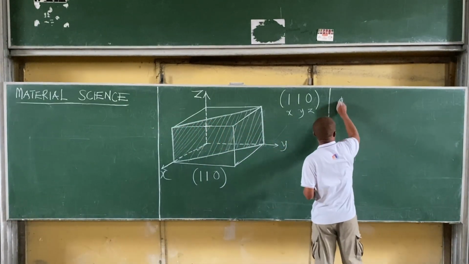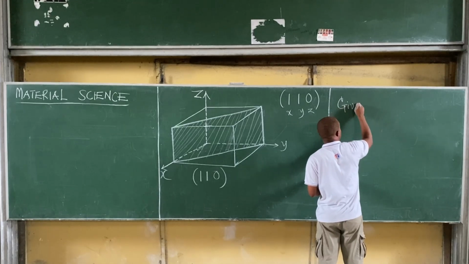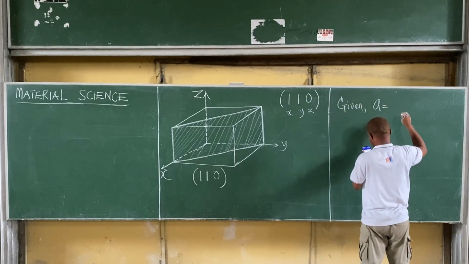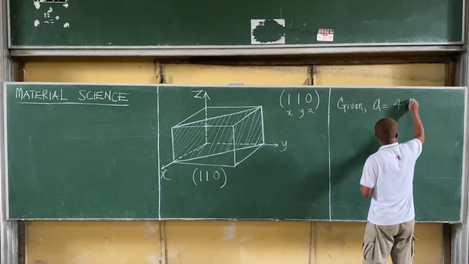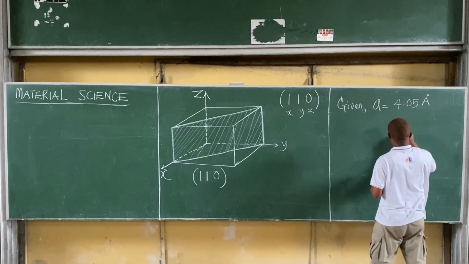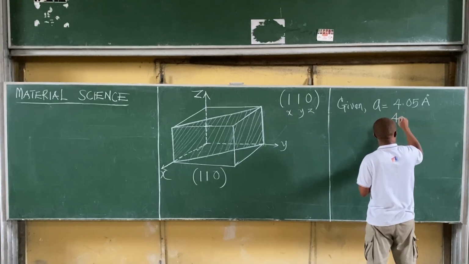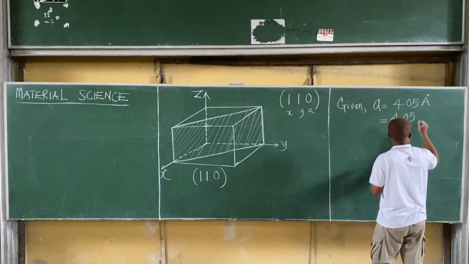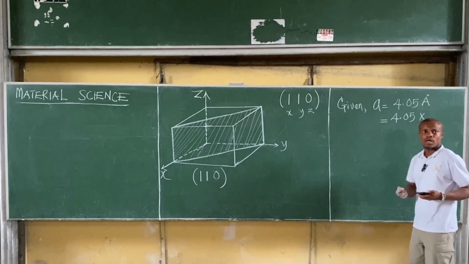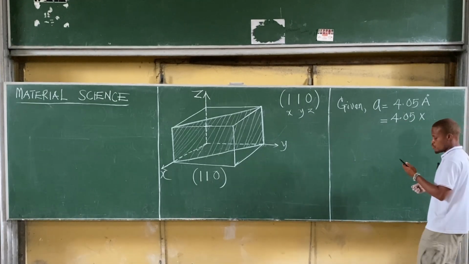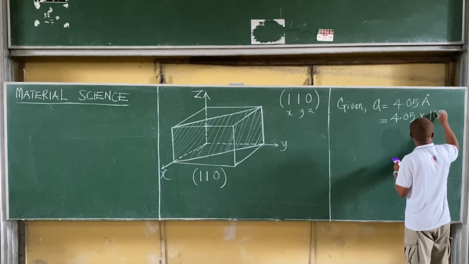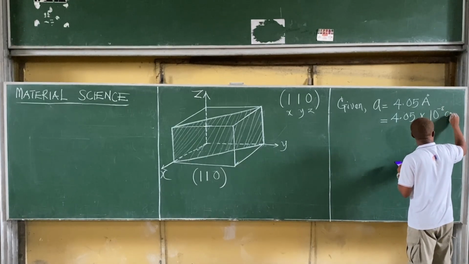Now, we are given our lattice constant a as 4.05 Angstrom. We are converting to centimeters since they want our answer in centimeters square. So we have 4.05 times 10 raised to power minus 8 centimeter.